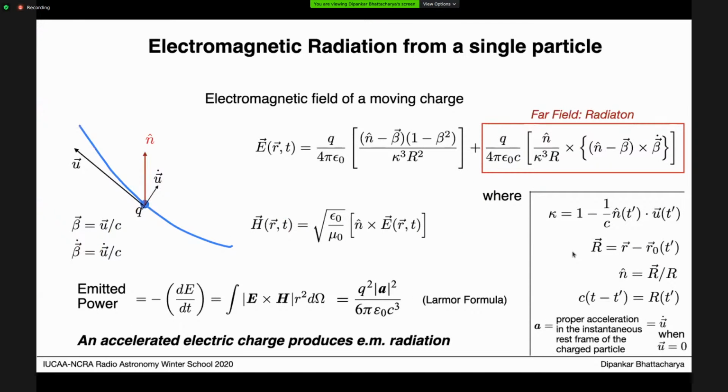Okay. So now let us go back to the very basics of the origin of electromagnetic radiation itself. So electromagnetic radiation is created by charged particles. What you see from the sun is the combination of emission produced by many charged particles which reside inside the sun.